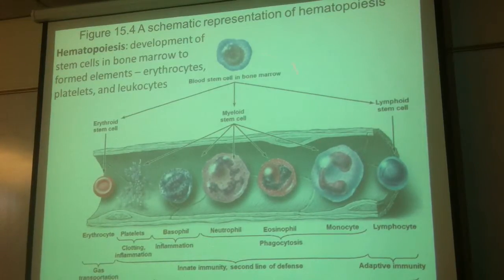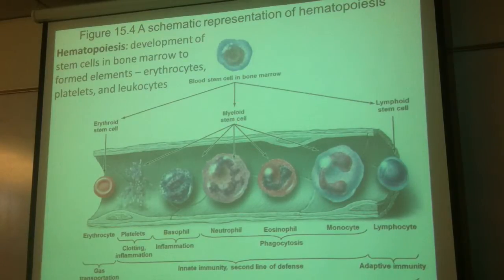So the basic stem cell can slightly differentiate into these three, saying, okay, it's still the blood stem cell, so it's going to go into the blood pathway of differentiation. It makes one decision, goes into one of these three, and then from there it can go lymphocyte. But if you become a myeloid stem cell, then you have some choices based on what's needed.